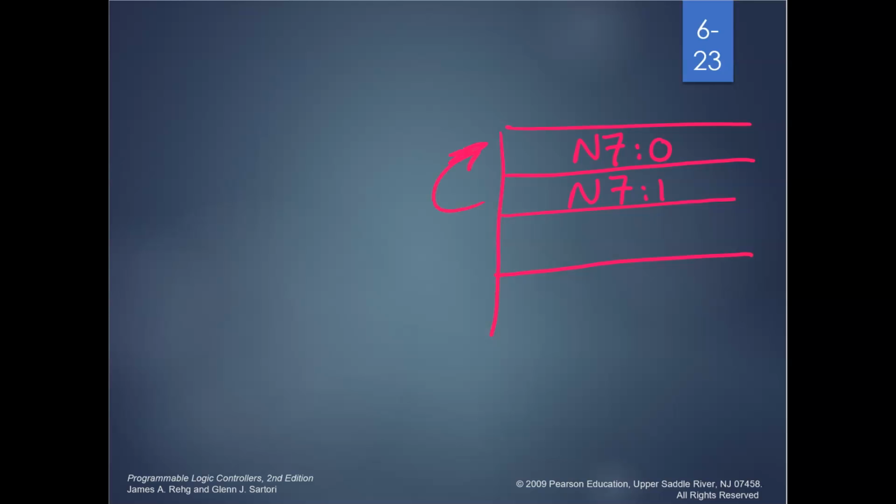Previously, in the previous example, I was showing you that, for example, we have source A as N7:0, our source B was N7:1, and then we were choosing a destination, for example, as N7:2.